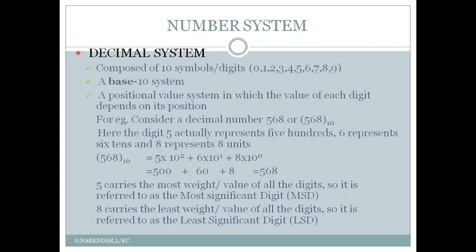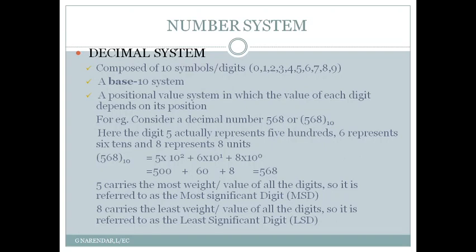So here you can see, as the decimal system contains 10 distinct digits, 10 symbols by which we can quantify anything, it is called a base 10 system. Here one terminology is used commonly for all the number systems, that is called the base.